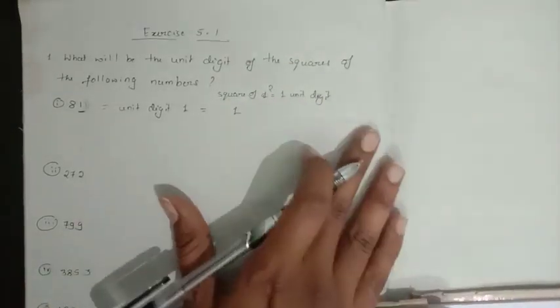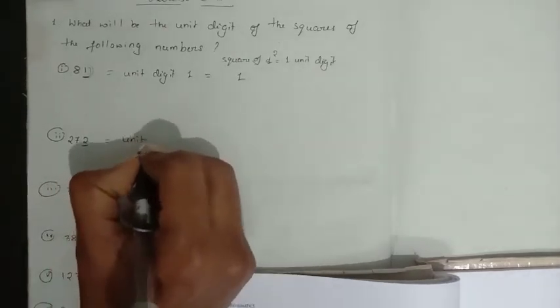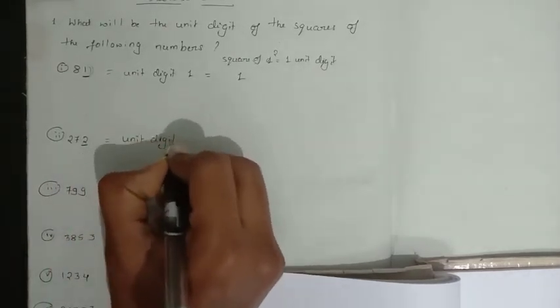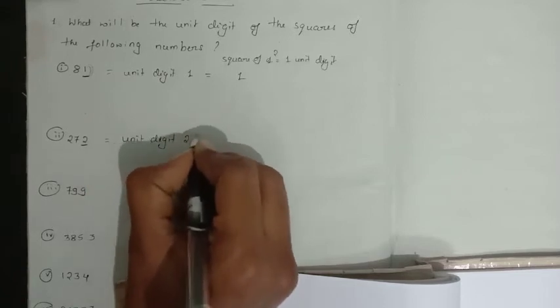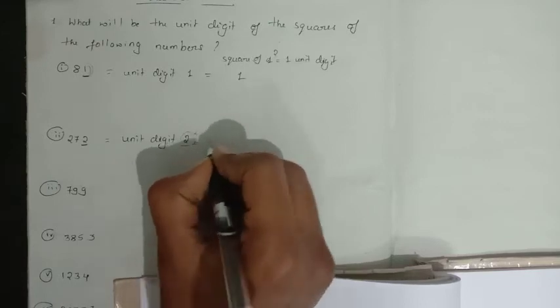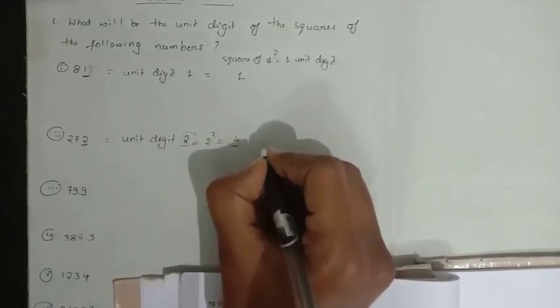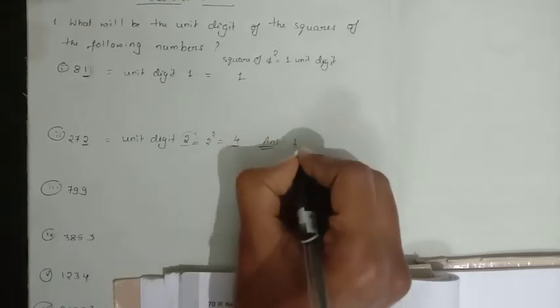Now we observe what the unit digit is. The unit digit is 2. The square of 2, 2 squared, is 4, so your answer should be 4.